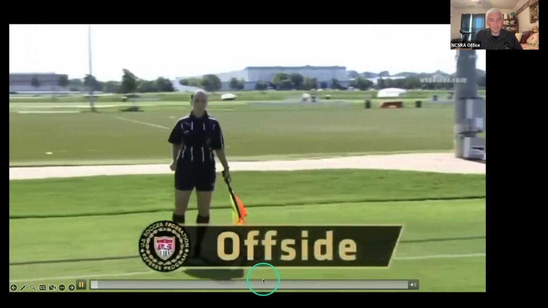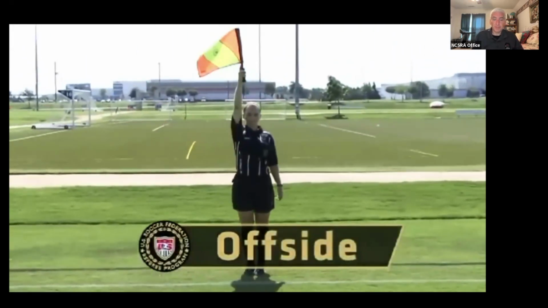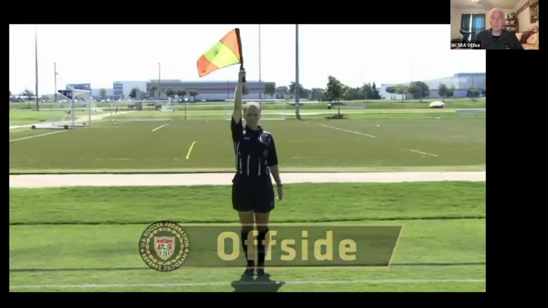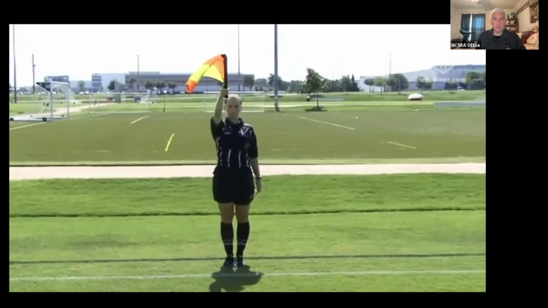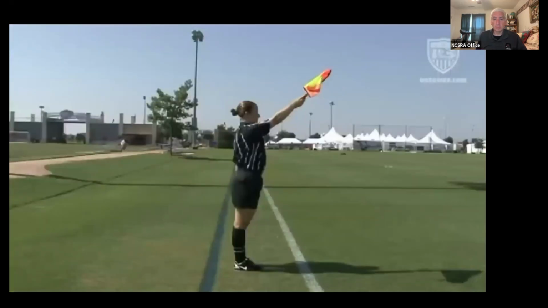When play should be stopped for an offside violation, the assistant referee indicates this information to the referee by initially raising the flag straight upward in the right hand. This signal is maintained until one of two things happens. First, and most commonly, eye contact is made with the referee who stops play. The assistant referee then points the flag across the field in one of three positions. Raised 45 degrees if the offense occurred in the far side of the field.